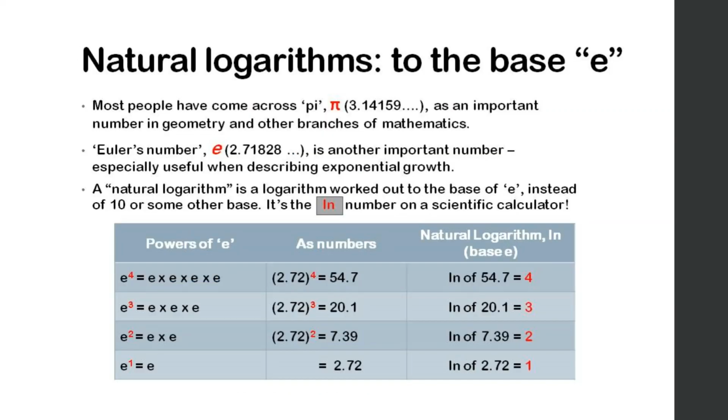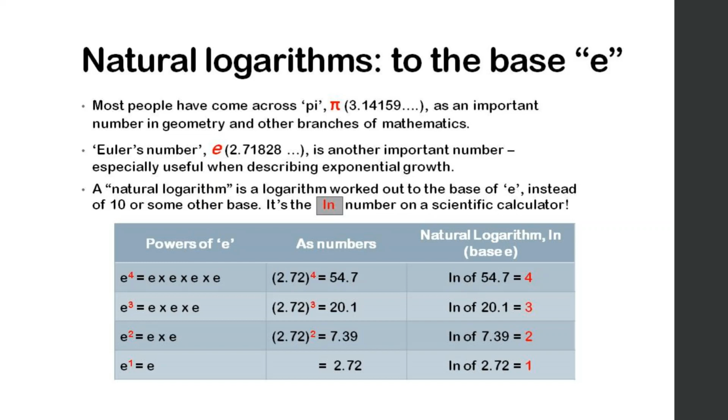Now in my video on exponential growth, I refer to the number e, as in y equals e to the kx, and also to natural logarithms. Now all natural logarithms are the same as the logs we just talked about, but this time instead of using the base 10, we use the base e, a particular number which has a value of roughly 2.72.